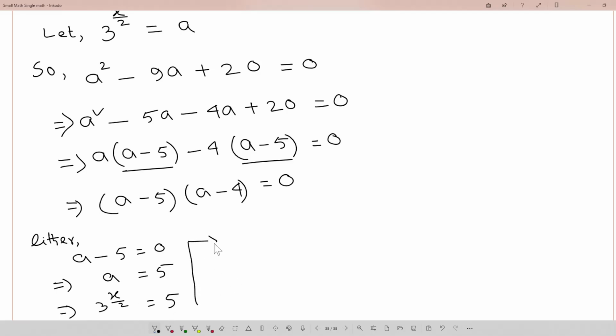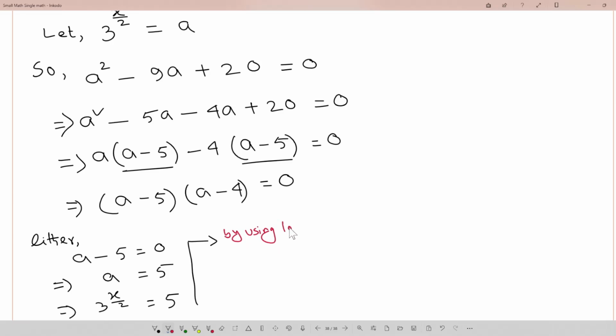So 3 to the power x by 2 equals 5. We cannot solve this directly, so we should use log.